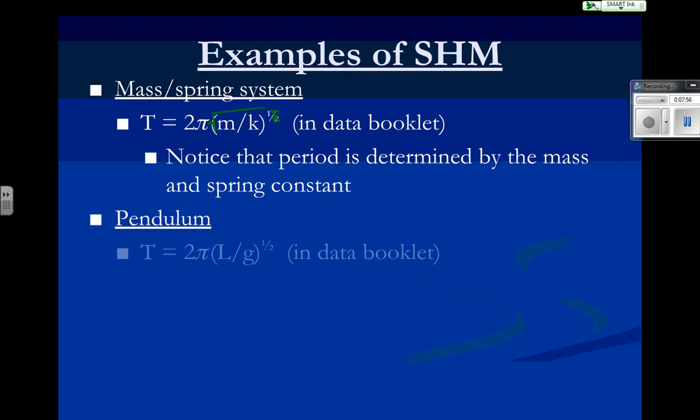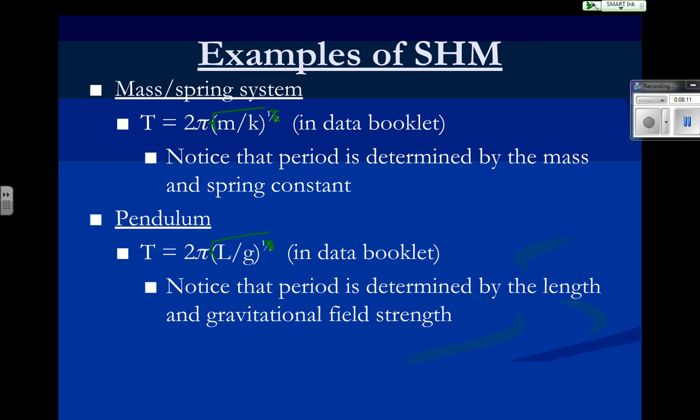When we get into a pendulum, the equation, which is also in your data booklet, is that the period of a pendulum is 2 pi times the square root of L over g, where L is the length and g is the gravitational field strength. Notice in this one that the mass hanging from the pendulum does not affect the period, and neither does the amplitude of oscillations or the angle of release.